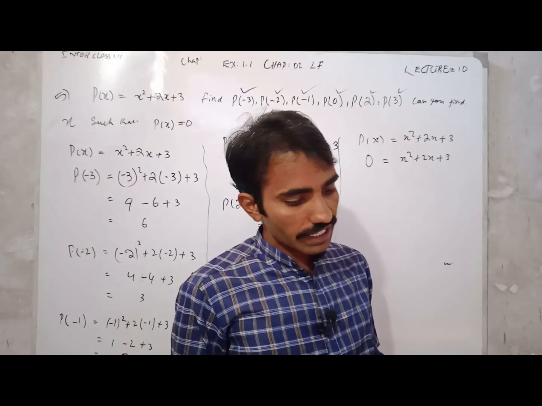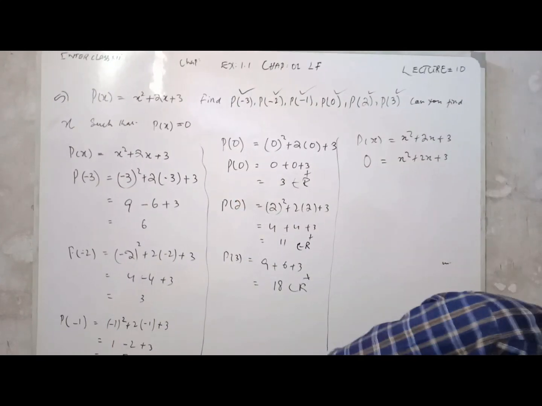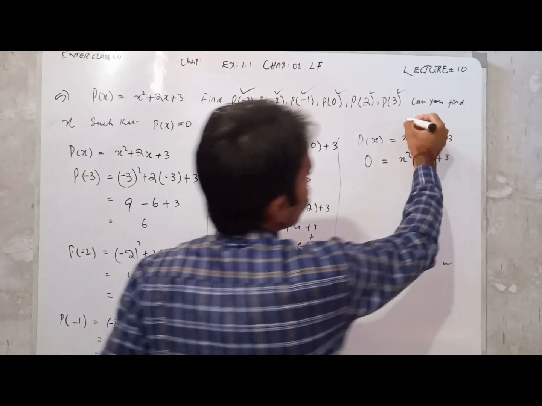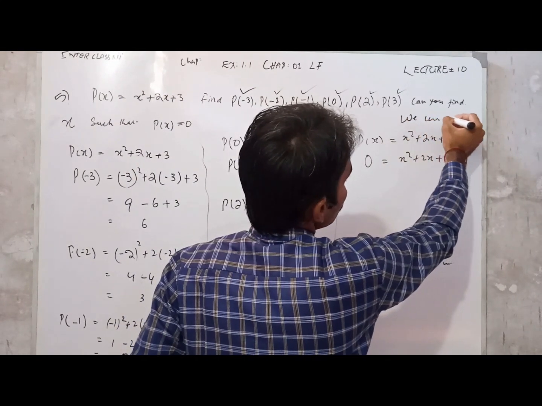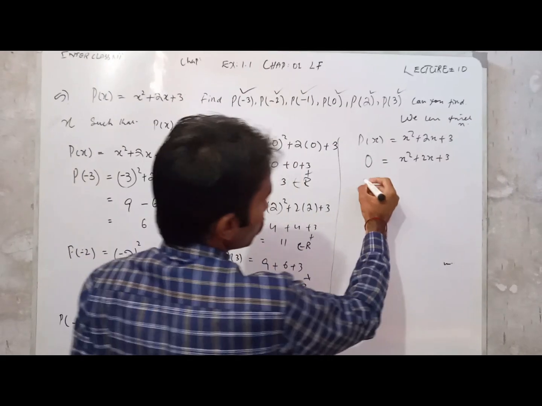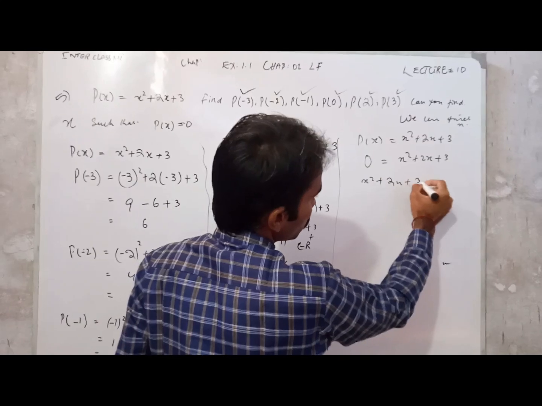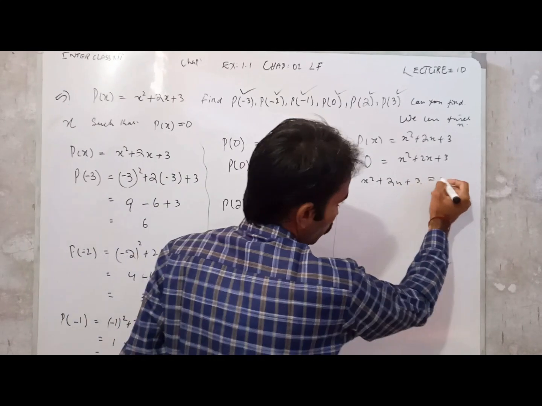So can you find x such that p of x is equal to 0? If not, why? We can find the value of x. So this is the equation, x square plus 2x plus 3, equal to 0.